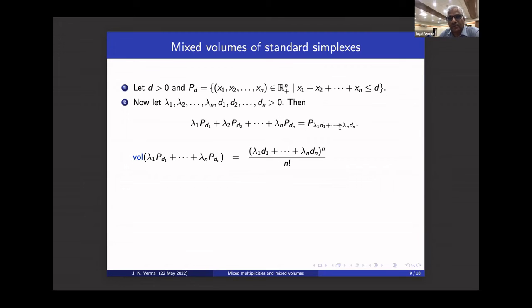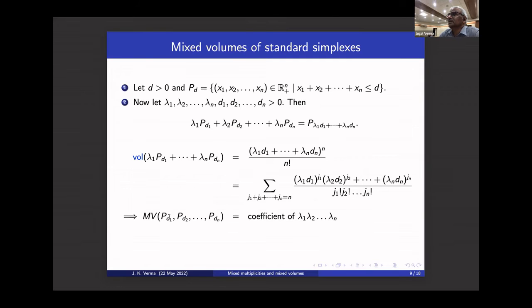Therefore this sum of these polytopes is a simplex where the arm length is lambda 1 d1 plus ... lambda n dn. So by the earlier formula, the volume of this polytope is the nth power of this length divided by n factorial. By using the multinomial theorem, I express this in this way.